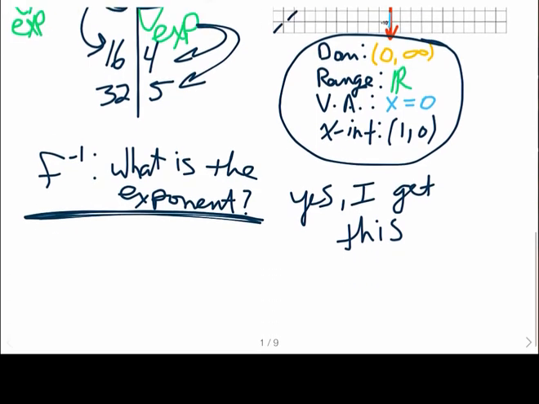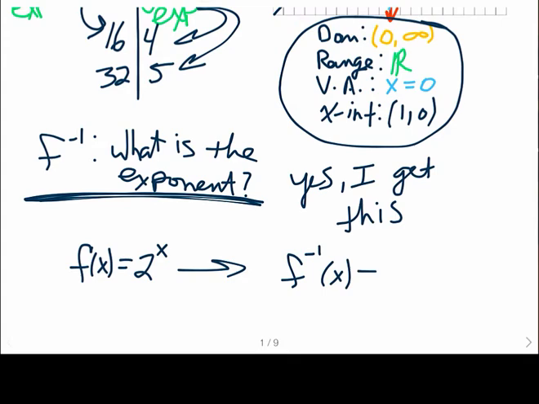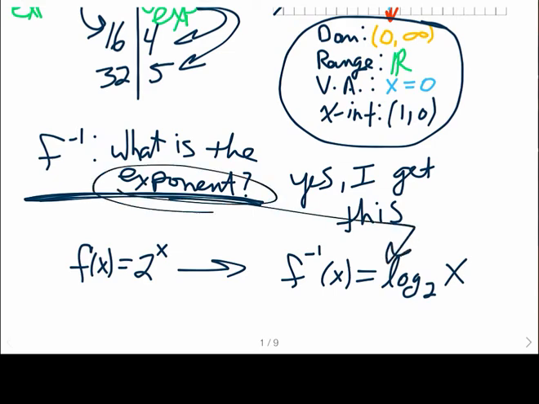Okay, check this out. For the function f of x is equal to 2 to the x, the inverse function, f inverse of x, is what we call log base 2 of x. It's a logarithm. You see, a logarithm is simply an exponent. Nothing more, nothing less. A logarithm is an exponent.